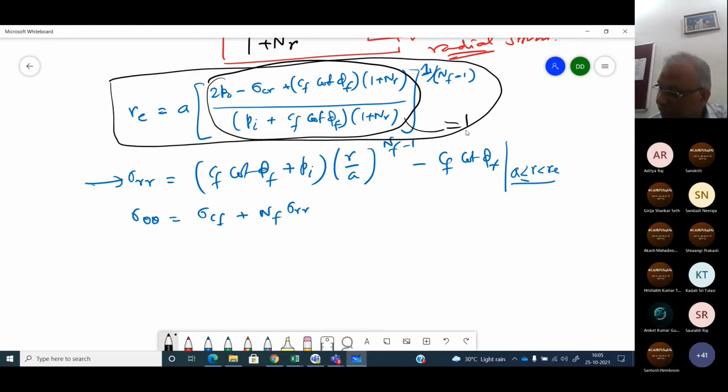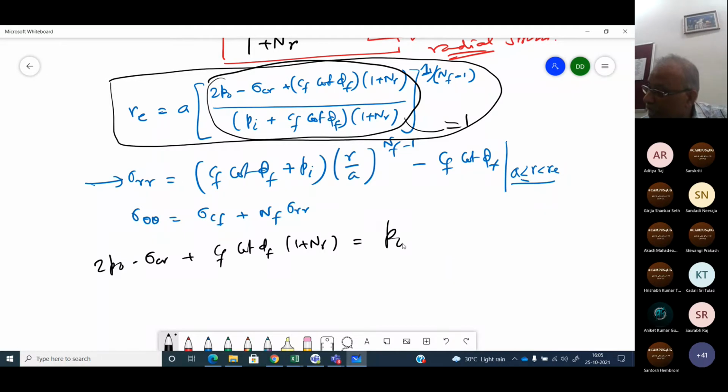So what happened? 2 P naught minus sigma CR plus CF cot phi F times 1 plus NR is equal to Pi plus CF cot phi F times 1 plus NR.